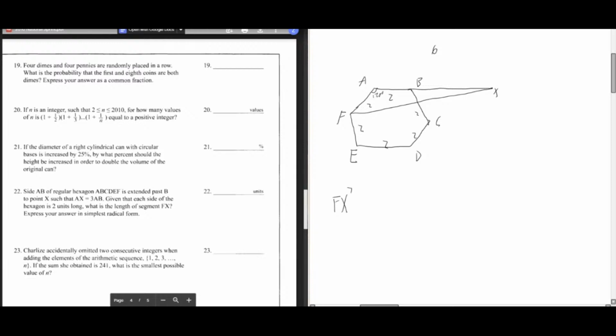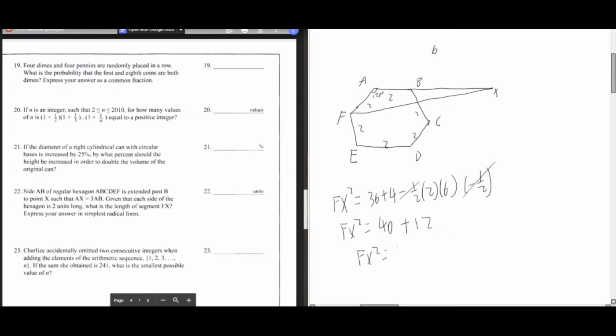So FX squared equals 36 plus 4 minus 2 times 2 times 6 times cosine 120, which is negative 1 half. So FX squared equals 40 plus, this negative and this negative end up making plus 12.